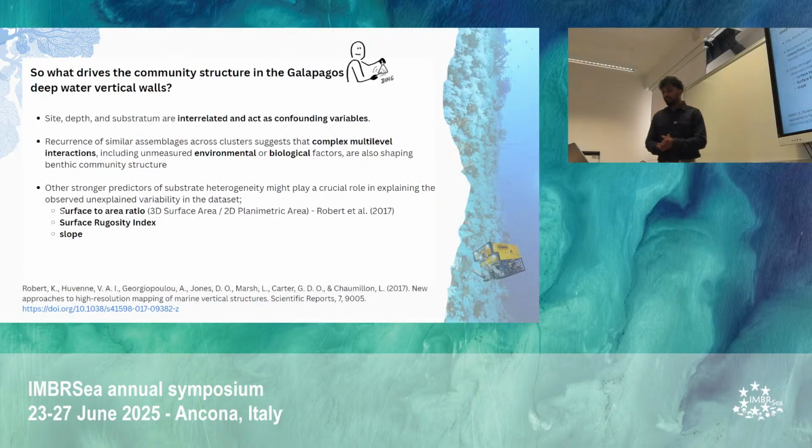And the next question is, what drives the community structure in these Galapagos vertical wall habitats? From my data, I observed that site, depth, and substratum are interrelated, and they are acting as confounding variables.